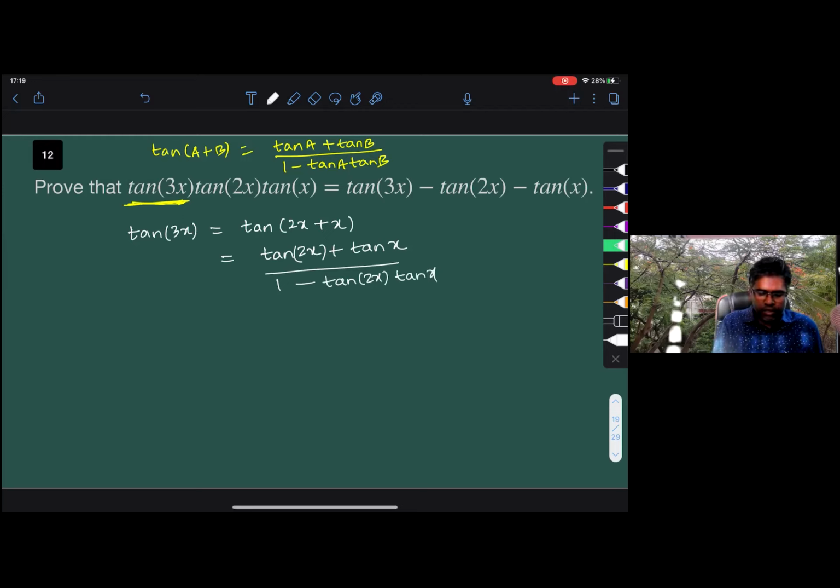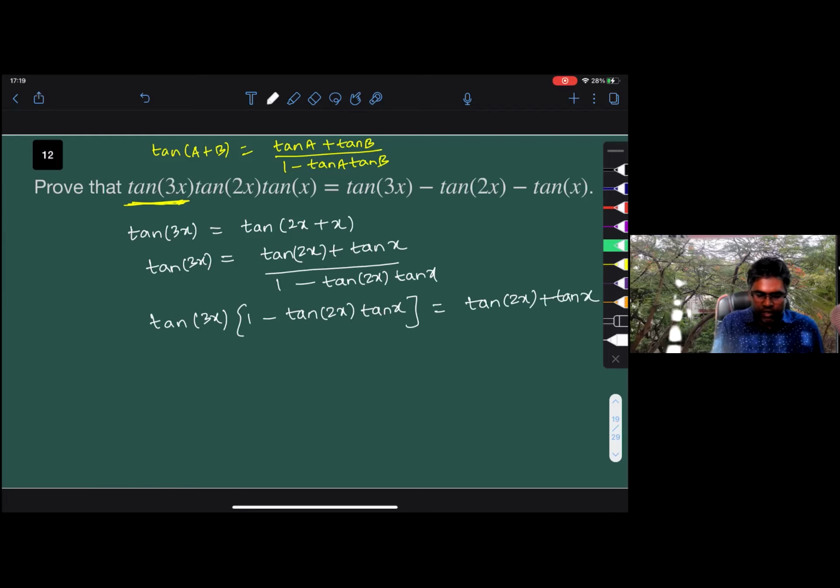Now you cross multiply because on the left-hand side you have tan of 3x. So what do you get? Tan of 3x gets multiplied with 1 minus tan of 2x into tan of x, and this is equal to tan of 2x plus tan x.